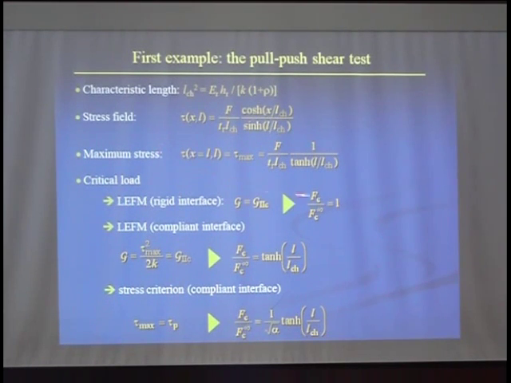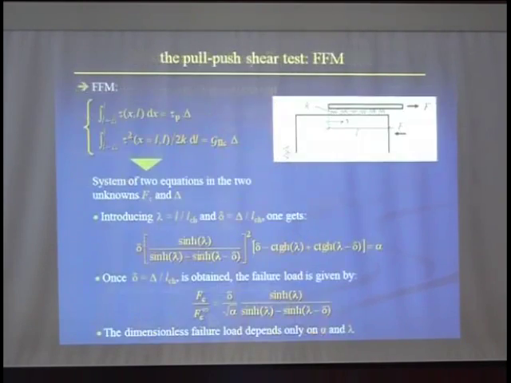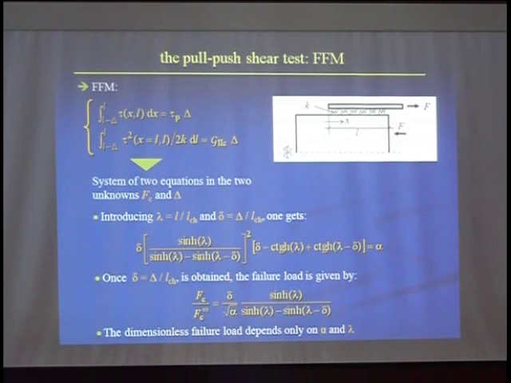We can get the maximum stress, and therefore we can obtain the critical load according to linear elastic fracture mechanics with the formula previously derived, and we can apply the stress criterion as well. We can also apply finite fracture mechanics. In this case, we have a system of two equations in two unknowns that can be managed to get a unique equation that has to be solved numerically.